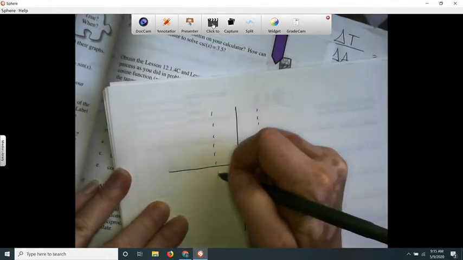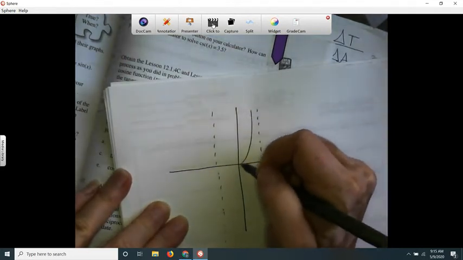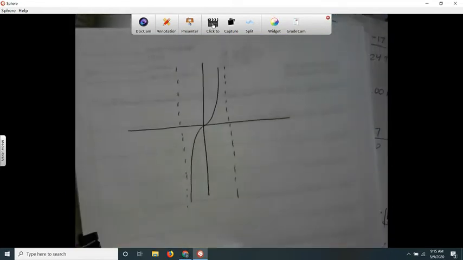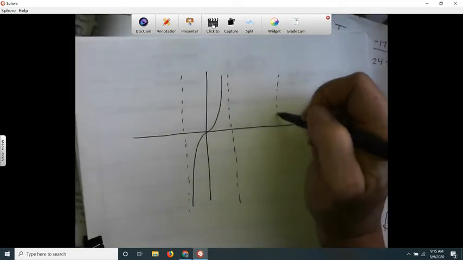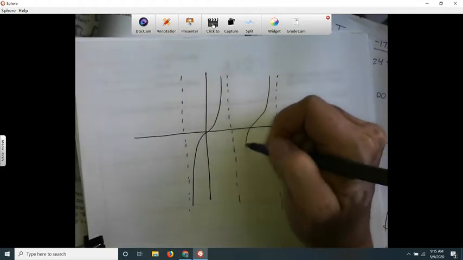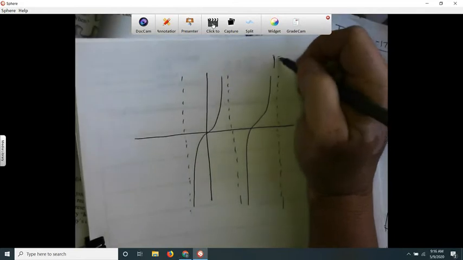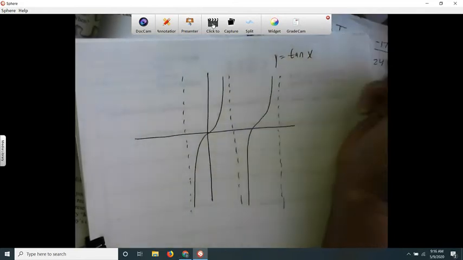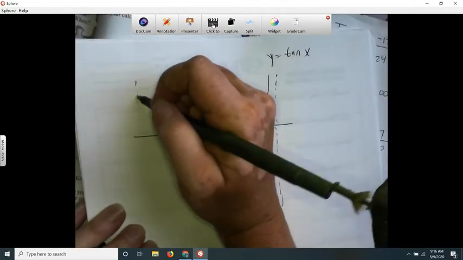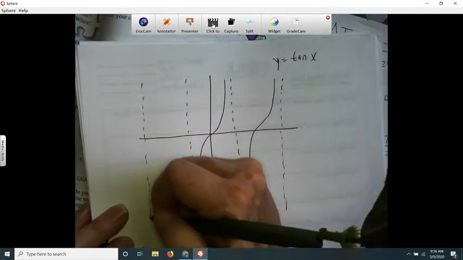I'll remind you what tangent looks like, so you might not remember. Tangent goes like this, and it keeps going. Interestingly, the period of tangent is only pi, where the period of sine and cosine is 2 pi.